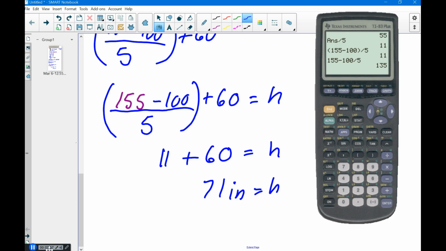And if you wanted to, you can put it back in feet and inches, because 5 times 12 gives us 60 inches, 12 inches in a foot. So we can actually make it 5 feet, 11 inches, if you want feet and inches.